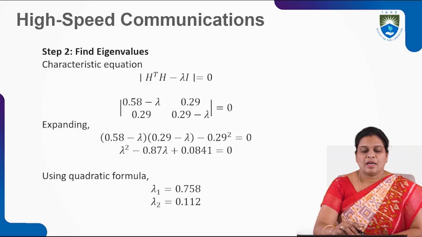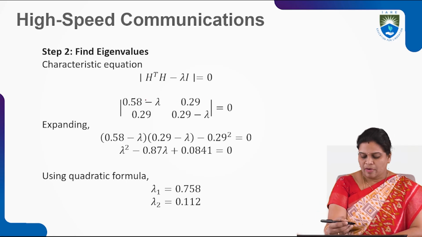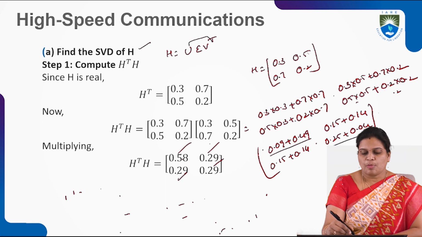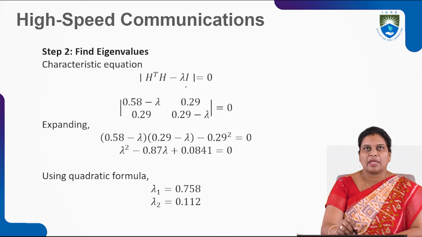The next step is to find the eigenvalues. The characteristic equation is determinant of H transpose H minus lambda I equal to 0. What is H transpose H? It is 0.58, 0.29, 0.29 and 0.29. Here we apply the characteristic equation to the resultant matrix: 0.58 minus lambda.